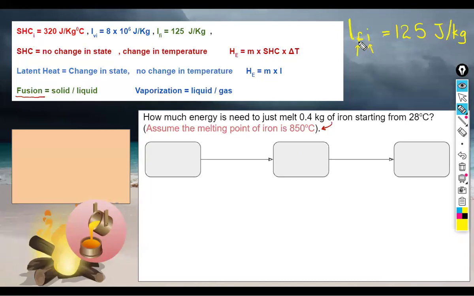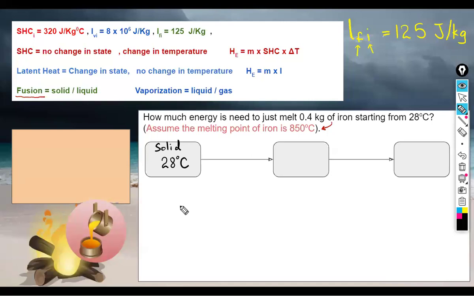So this is the latent heat of fusion for iron. So at some point we're using the 125. But it's not as straightforward as you think. Let's do a flow chart here. Initially, we have a solid piece of iron. I think we know this. The initial temperature of the iron is 28 degrees Celsius.